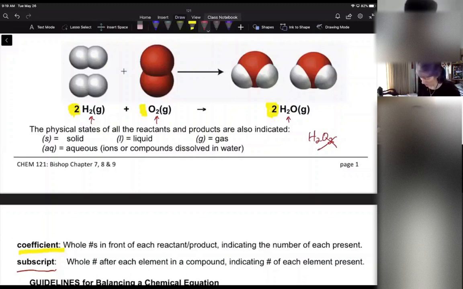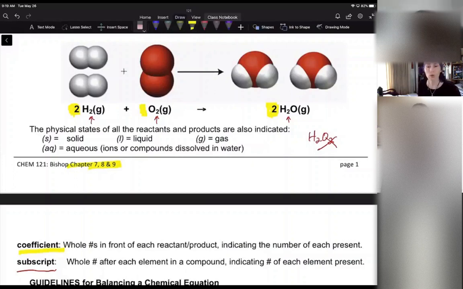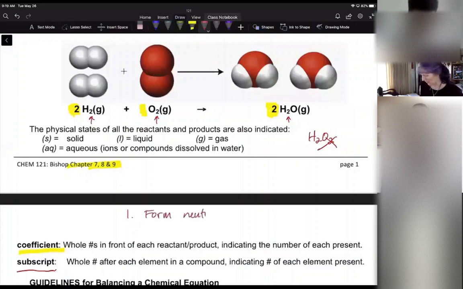Okay, so let me just take a moment to show we are on the worksheets that are labeled 7, 8, 9. This is chemical reactions. Under course resources, this would be worksheet number 8. When we're writing reactions, first we're going to form neutral compounds, and that gives us the subscripts.